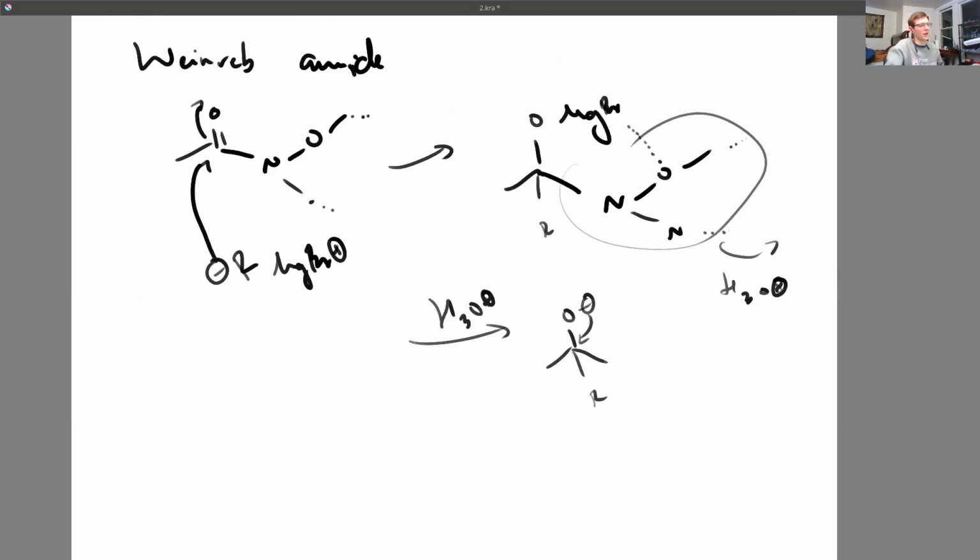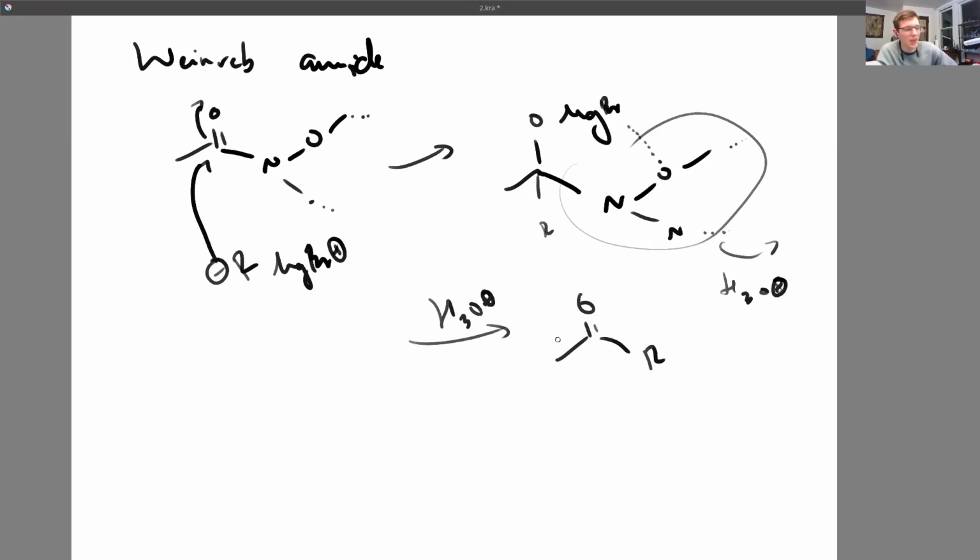The way I'm drawing it is a little bit messy, but the idea is that you wind up with the ketone instead. Normally, if you use the Grignard, it would go all the way and make a tertiary alcohol. But because this Weinreb amide stabilizes that O minus, you don't. And so you just get a ketone out at the end.